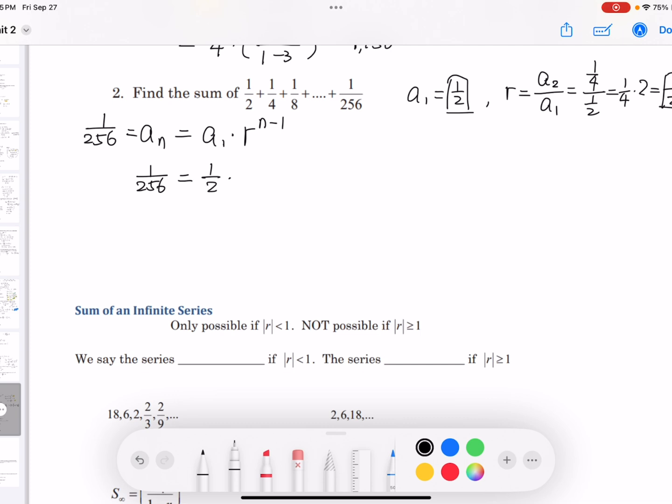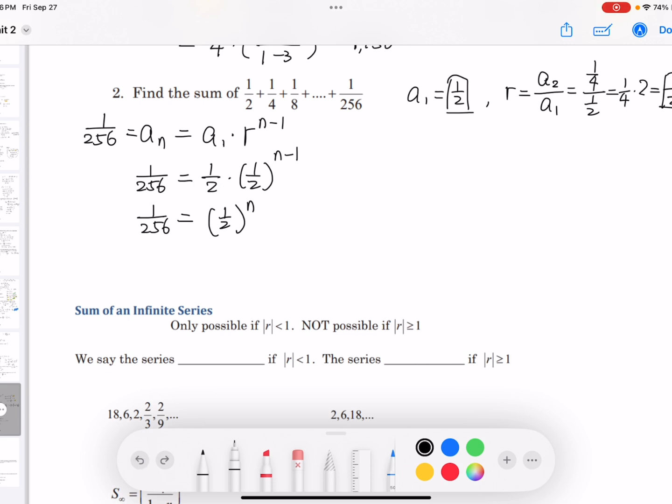So r is also 1/2. We found it from the step here. Raise it to the n minus 1. We're looking for n minus 1. 1 over 256. My right hand side is 1/2 to the nth power, because this is 1/2 multiplied by 1/2 to the n minus 1. It is 1/2 to the nth power.